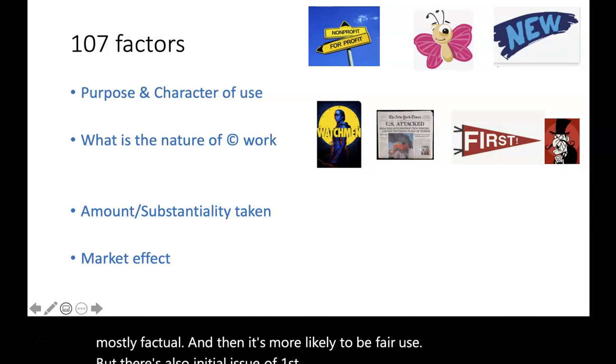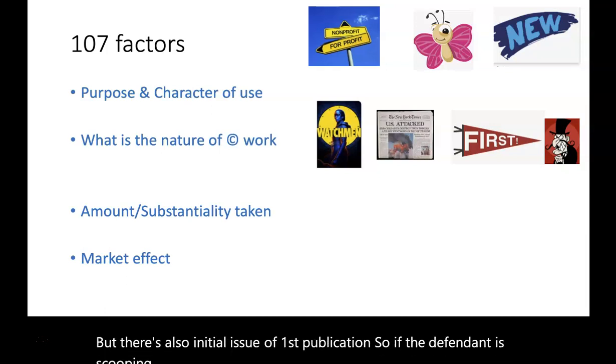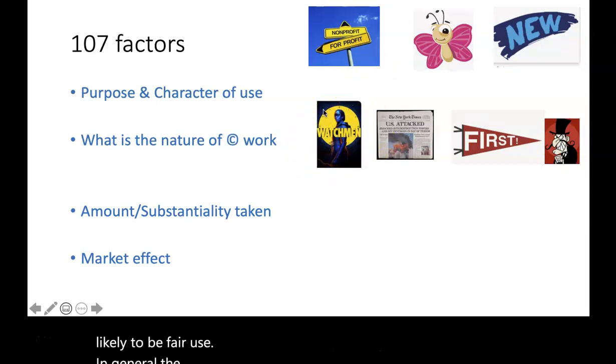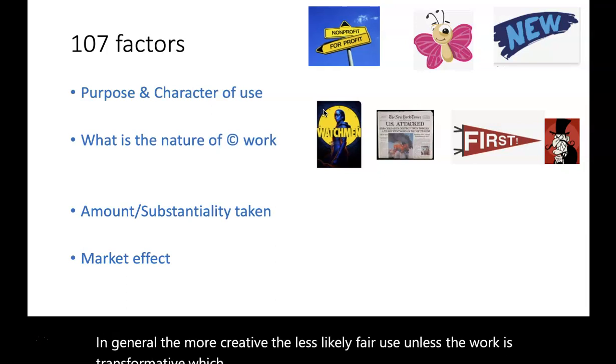So if the defendant is scooping up the original owner's ability to first publish, that is not likely to be fair use. In general, the more creative, the less likely fair use, unless the work is transformative, which gives more right to fair use because it's the kind of expression we want to promote.